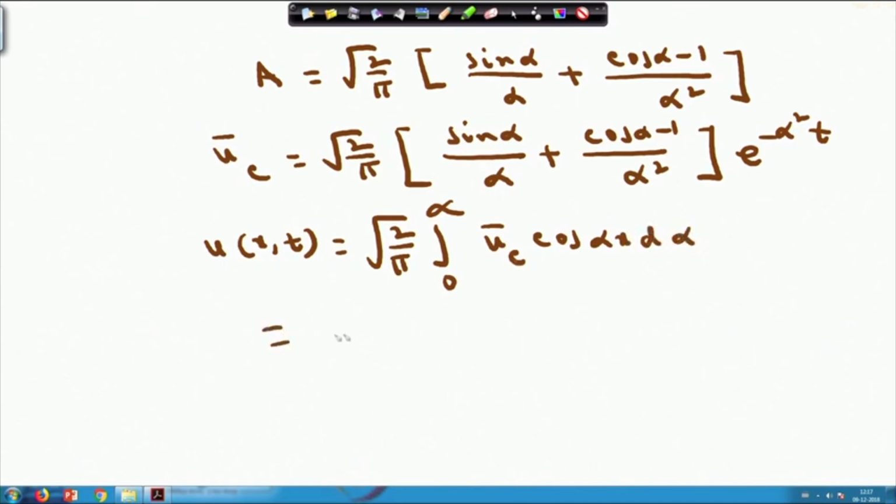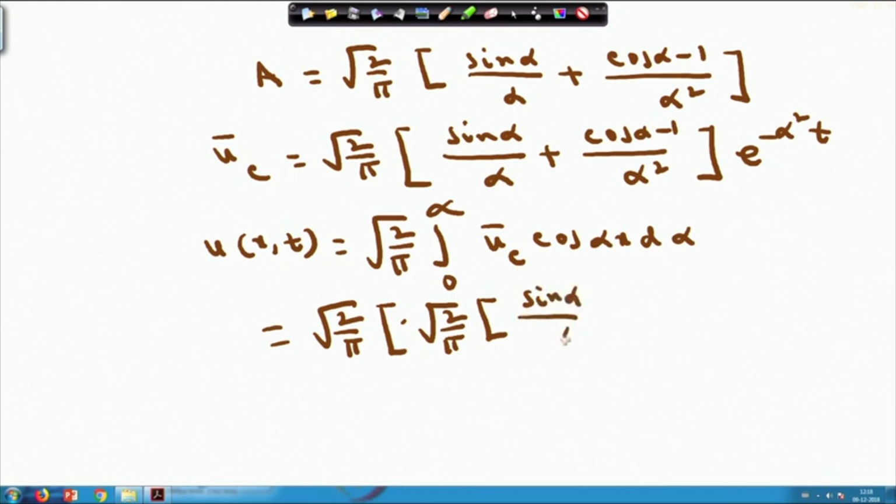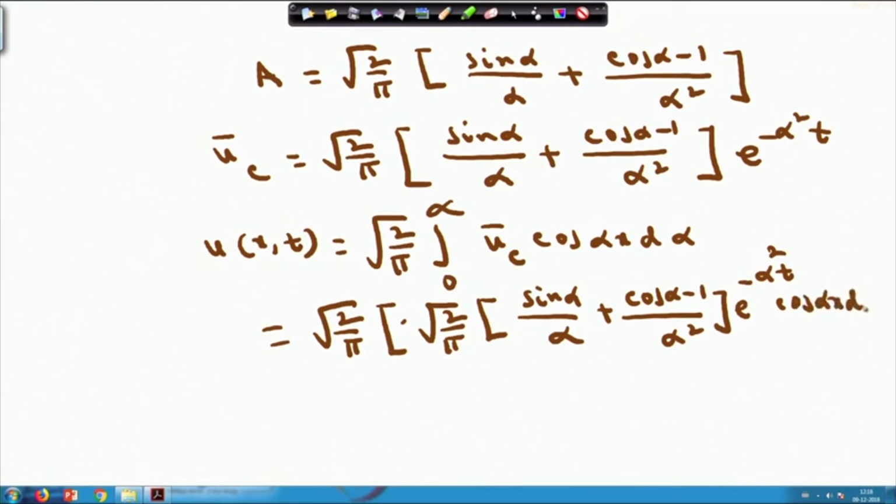You put the value of u bar c, root over 2 by pi into root over 2 by pi will come here, then sin alpha by alpha plus cos alpha minus 1 by alpha square into e power minus alpha square t into cos of alpha x into d alpha, and I can evaluate the integral to obtain the value of this one.